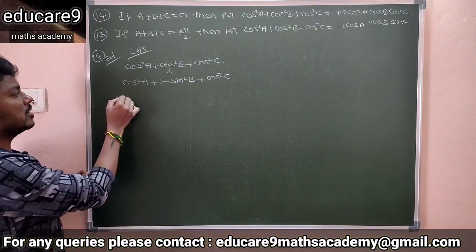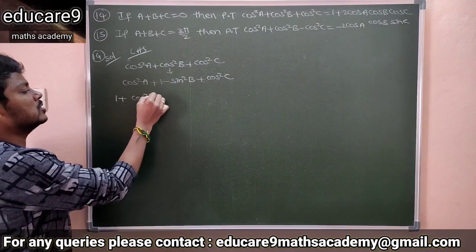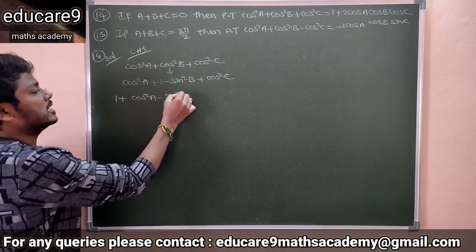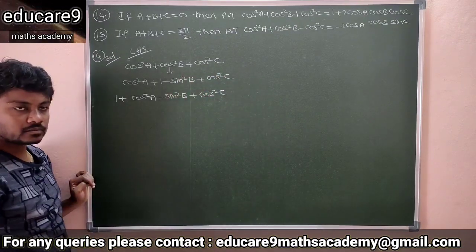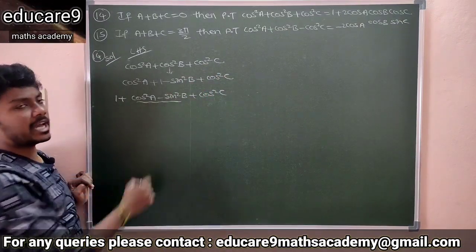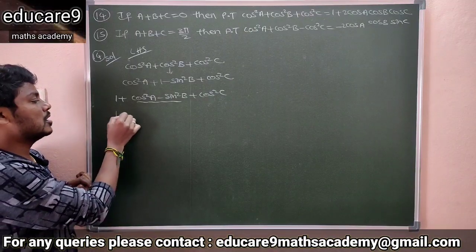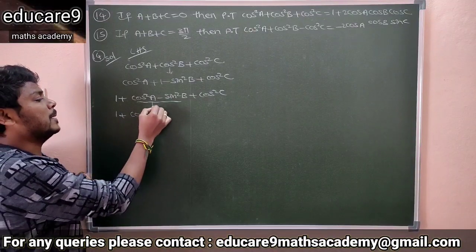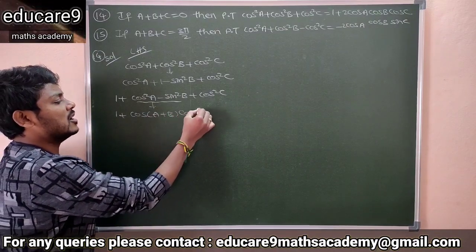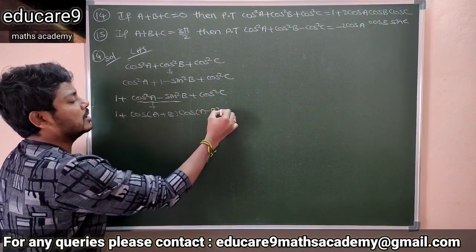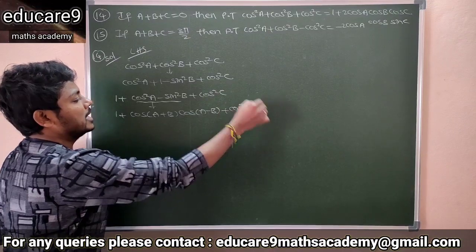Now this is 1 plus cos square a minus sin square b plus cos square c. So you know that cos square a minus sin square b formula: cos of a plus b into cos of a minus b, plus cos square c.